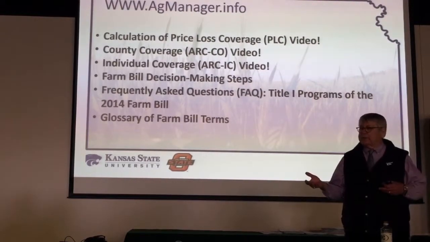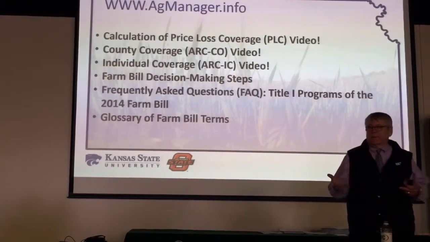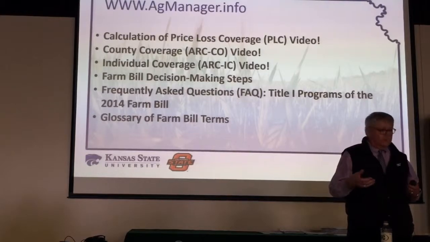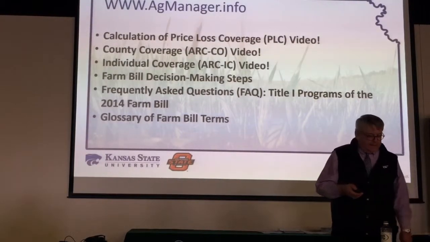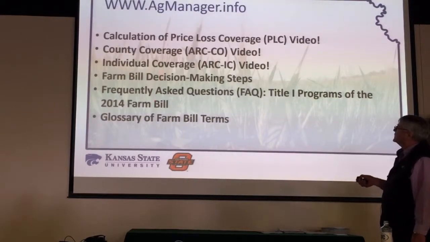If you go through Oklahoma State's site, they can't capture emails for some reason. As a result, what you'll have to do is check back every once in a while to see if there's been an update to the program. Other than that, there's no difference. Exactly the same program in both locations.